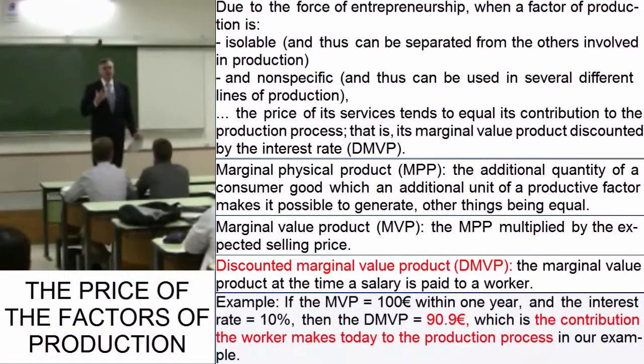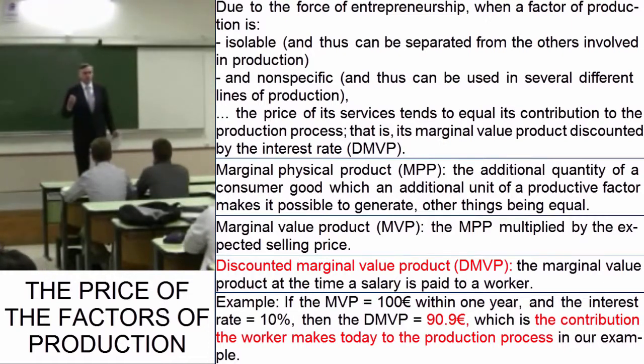So, we know that if the interest rate is 10%, 100 units today will be worth 110 in 1 year. And likewise, 100 units in 1 year are today worth 100 discounted by the interest rate, so minus 10%, around 90.